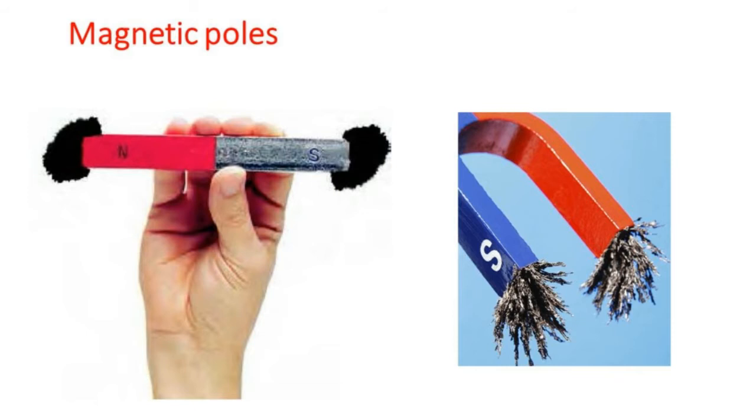Which part of the magnet has more iron filings sticking to it? Yes, at the edges. The parts of the magnet that attract the largest amount of iron filings are called its poles. The attractive force of the magnet is very large near the two ends. These two ends are called its poles.